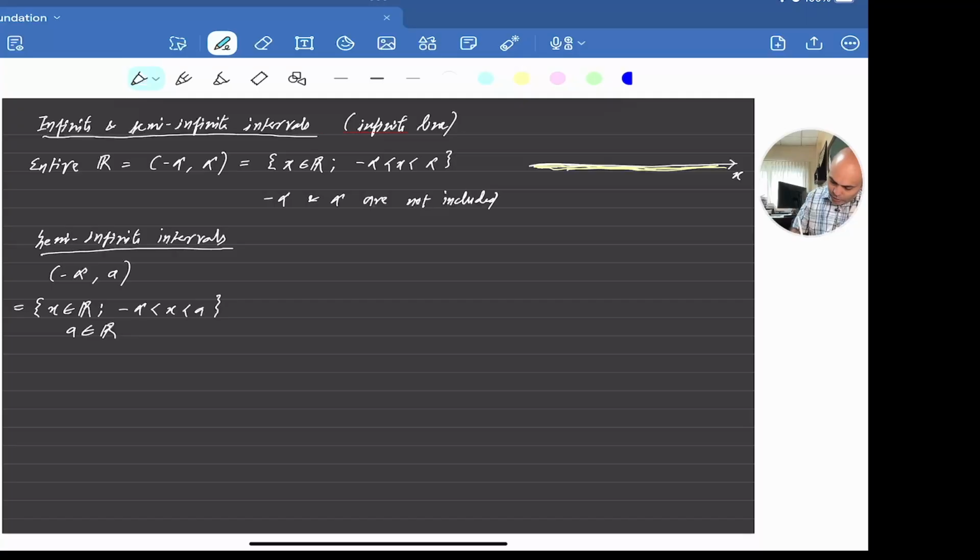We can show this interval graphically by drawing the real number line, and then we take the point A. This point is not included, and we include all points from minus infinity until a.